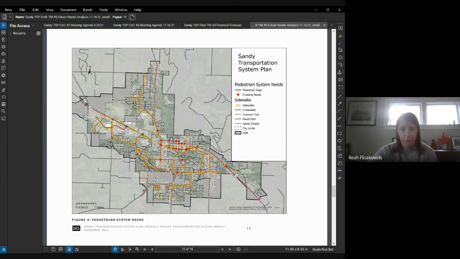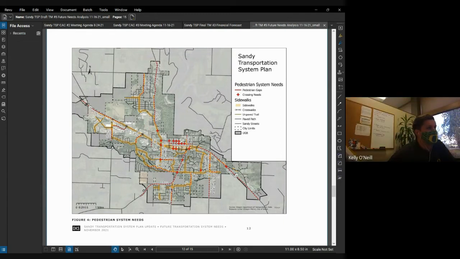And the little red plus signs are all of the intersections where we know there's a need for a marked crossing, potentially with some sort of enhancement like flashing beacons or other protection. That's to be determined. We'll have to dig in a little more to see exactly what the project would include. Any other questions for pedestrians or any questions on the map?